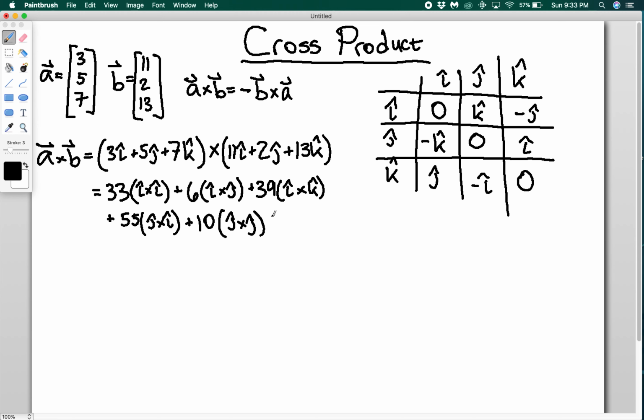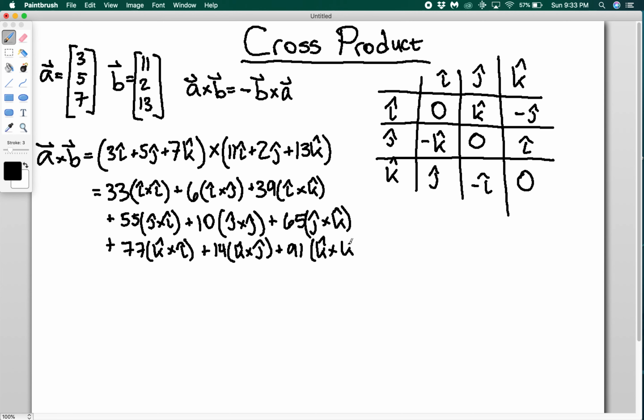Then we're going to have plus 65 j hat cross k hat. In the last row, you're going to have plus 77 k hat cross i hat plus 14 k hat cross j hat plus 91 times k hat cross k hat.